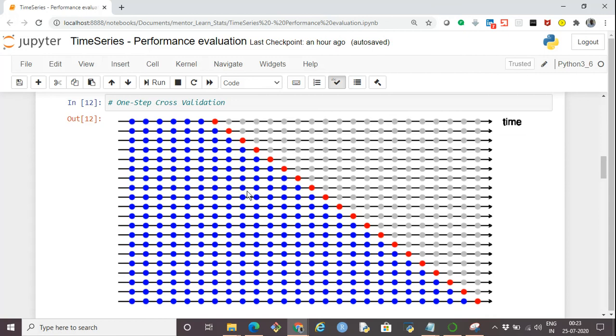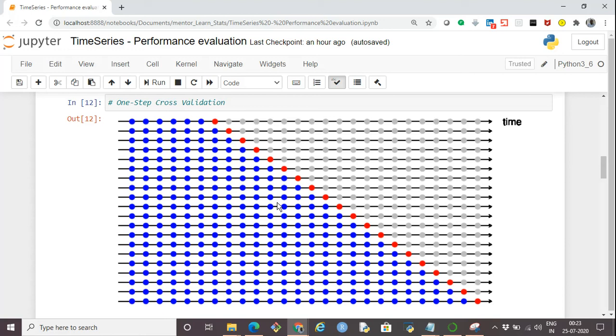So in this way, for each of these models, we basically forecast a test value, and we calculate the different error statistics like we created earlier, for example RMSE, MAPE.